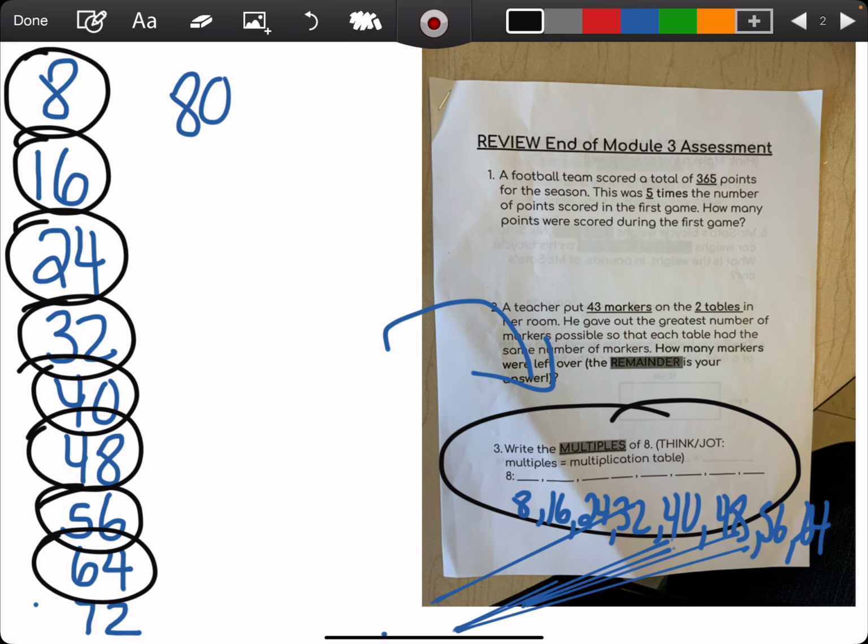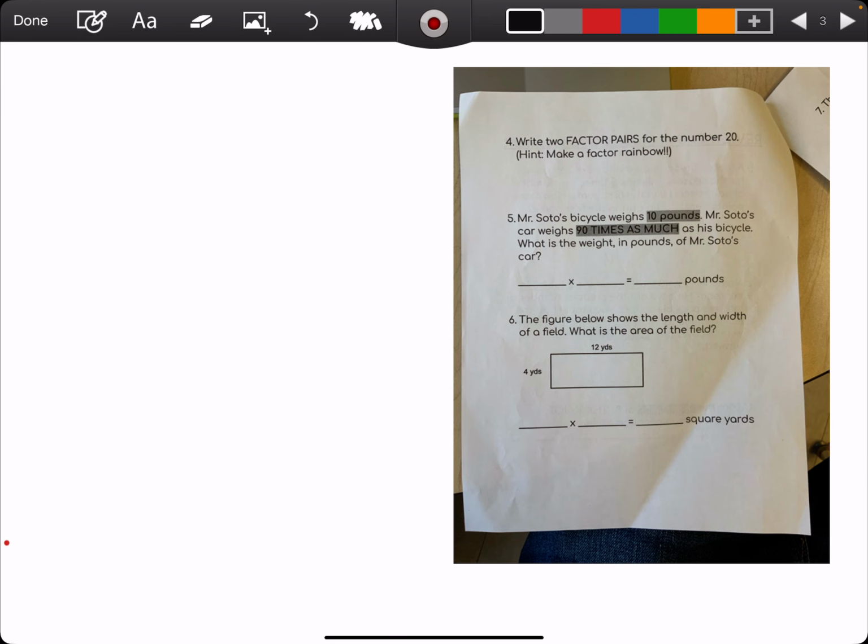Okay? I'm going to move on to the second page, number 4. Write 2 factor pairs for the number 20. Hint, make a factor rainbow. So here, they just want 2 factor pairs. This is a gift because every number has an automatic factor pair.